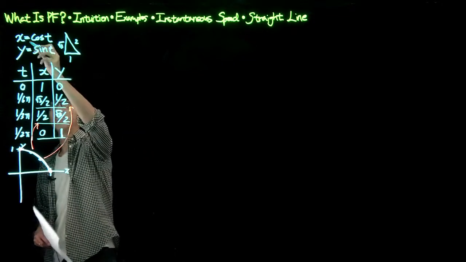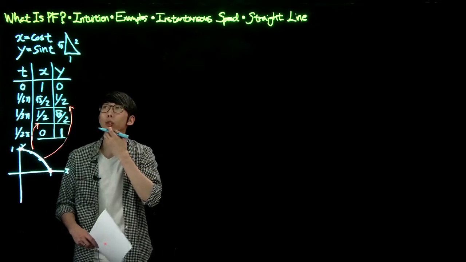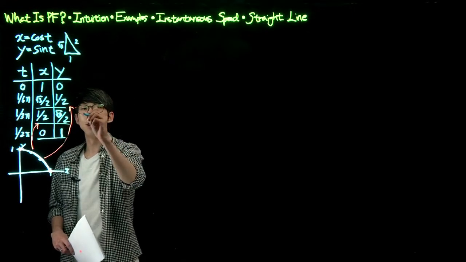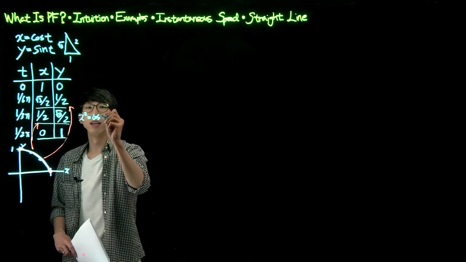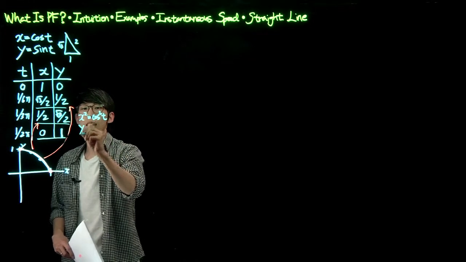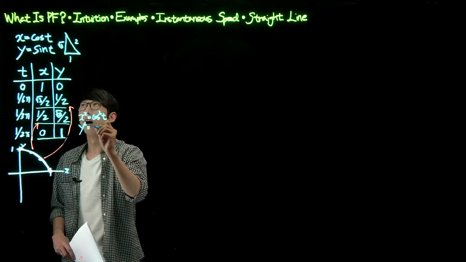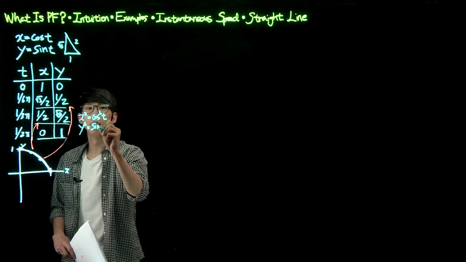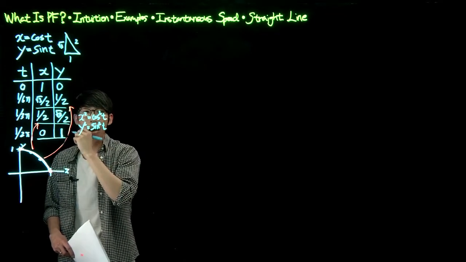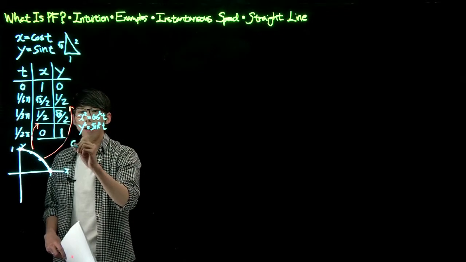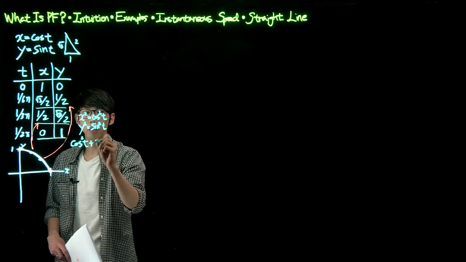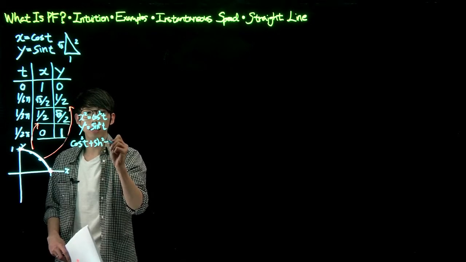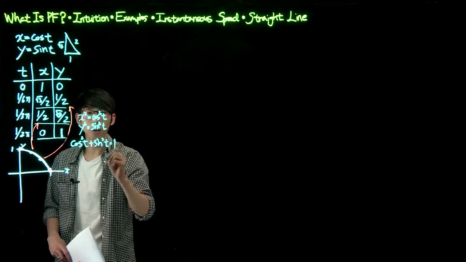If we square both sides, x squared equals cosine squared t, and y squared equals sine squared t. And we know the identity cosine squared t plus sine squared t equals 1, right?